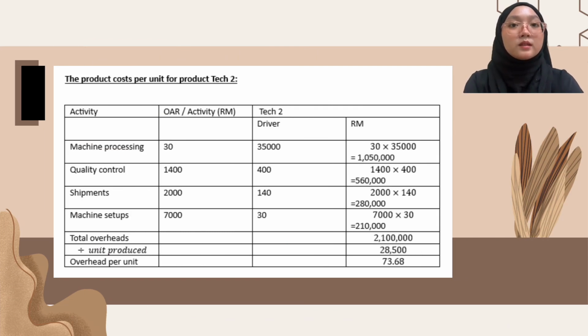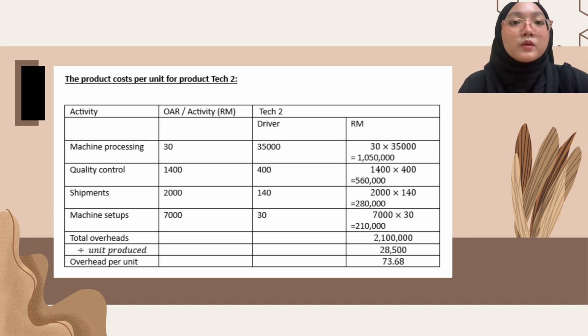For machine processing, OAR is 30 and multiply with 35,000, and the answer is 1,050,000. For quality control, OAR is 1,400 and multiply with 400, and the answer is 5,600. For shipment, OAR is 2,000 multiply with 140, and the answer is 218,000.